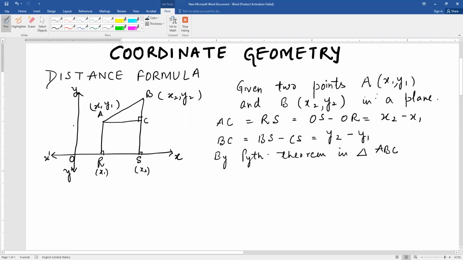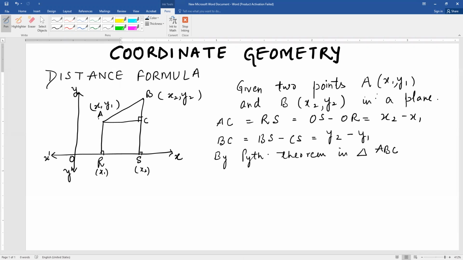Similarly, the points on the vertical axis, the y-axis, are called y-coordinates. Y-coordinate को हम ordinate भी बोलते हैं.